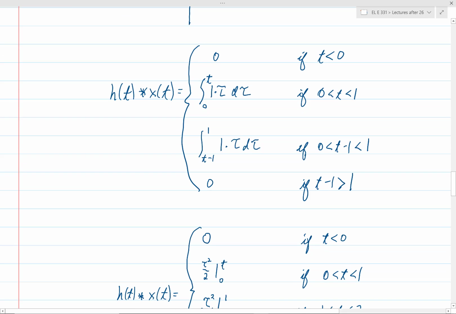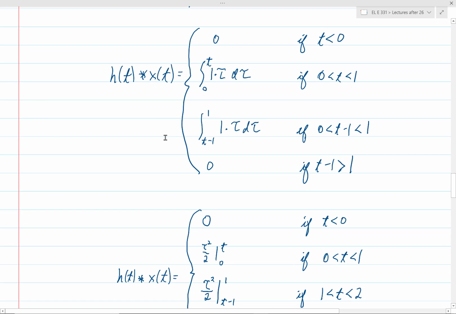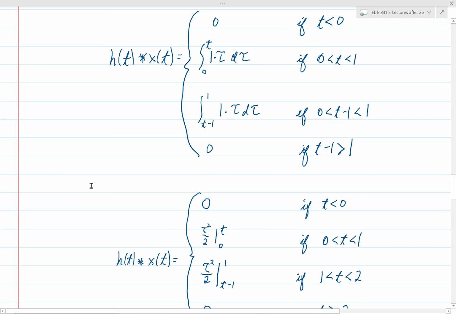Okay, so now you know that when you integrate tau d tau, you just get tau squared over 2, and in the first case here we're integrating from 0 to t, and in the second case from t minus 1 to 1. And notice that for all of these limits, I've just brought them down. For this one, I've added 1 all the way through, so it becomes 1 is less than t is less than 2.